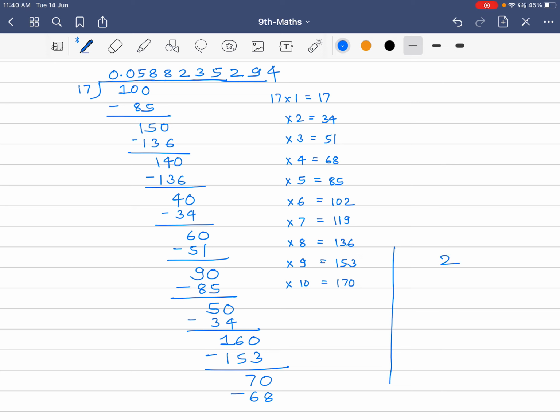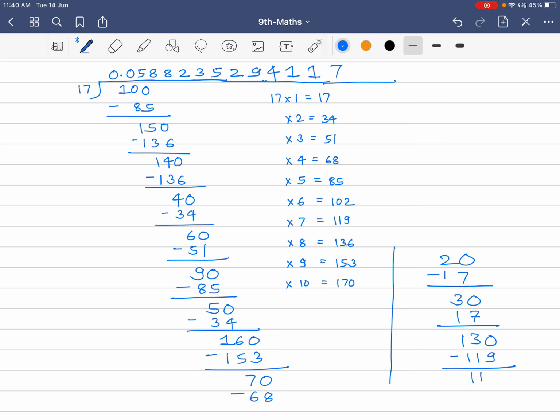So we get the remainder as 2, and this will be 20. And then again we'll have 17 ones are 17, so it's minus 17, and we get 3, and then again 30. Then again 17 ones are 17, and the remainder is 13, and 13 turns into 130. 130, this is again 7. 17 sevens are minus 119.